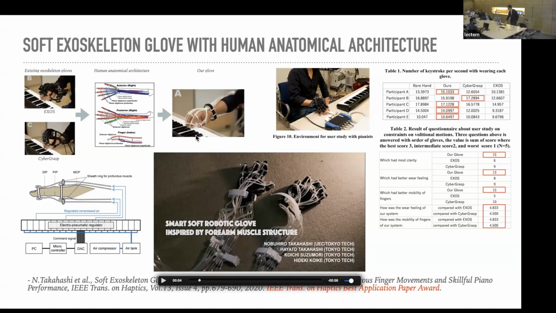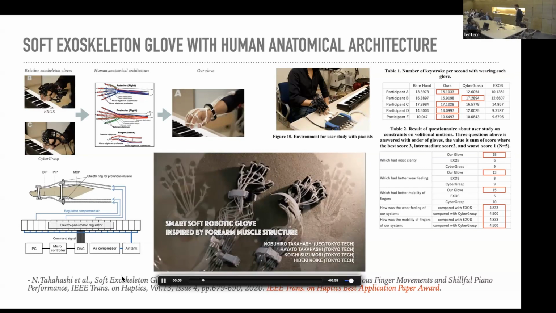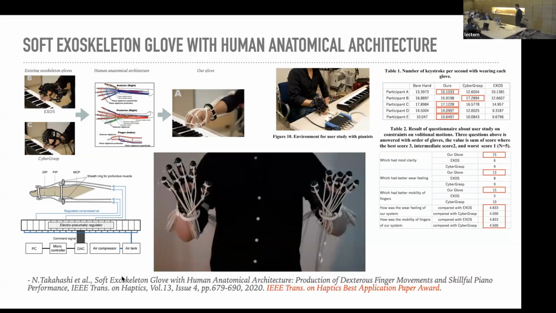So we put a total of 20 artificial muscles on one hand, referencing the human anatomical architecture. So here is a video.